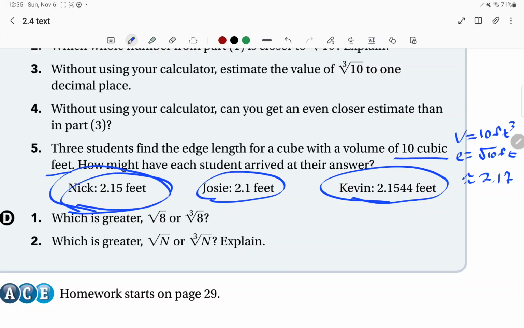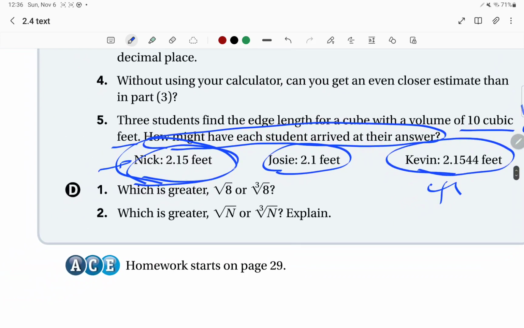So how did they each arrive at their answer? Kevin definitely used a calculator, and Nick was unsure if it's 2.1 or 2.2, so he went in between. All right, go ahead and answer part D, 1 and 2, and then come back to the video to see how you did.